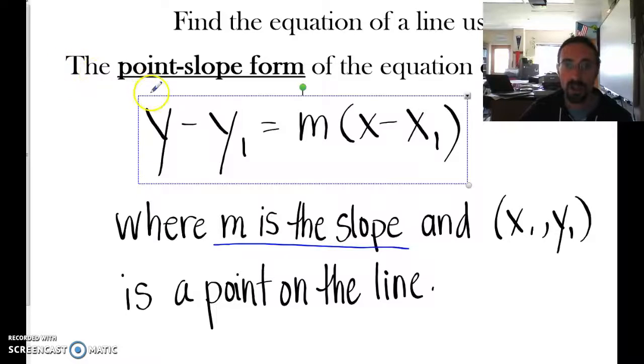You will recall this type of linear equation, this form is called point-slope form, which is to say y minus y1 equals m times the quantity x minus x1, where y and x are input and output, and y1 and x1 are actual points. M is the slope, x1, y1 is a point on the line.